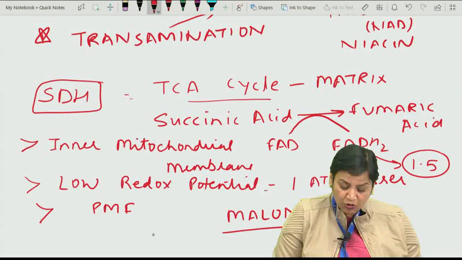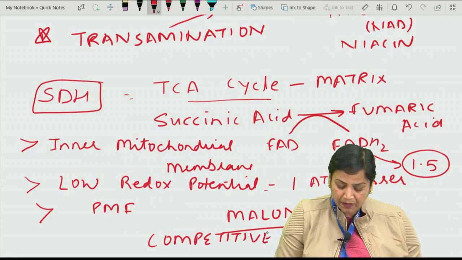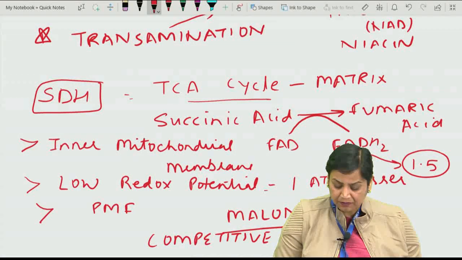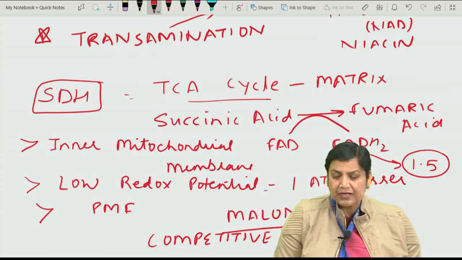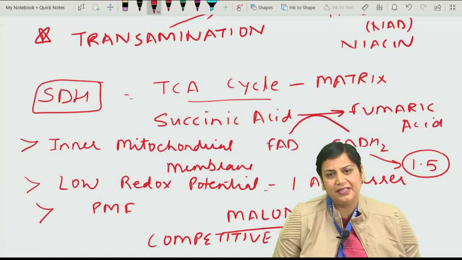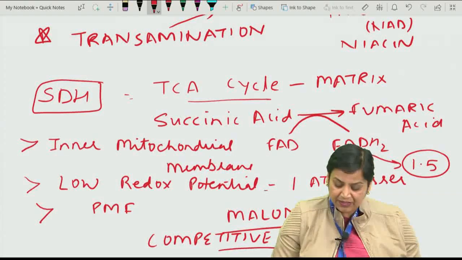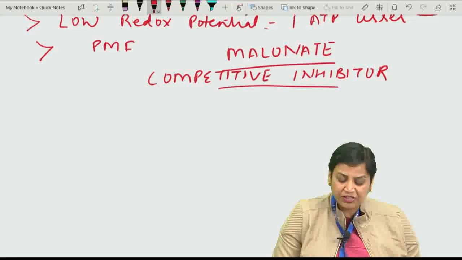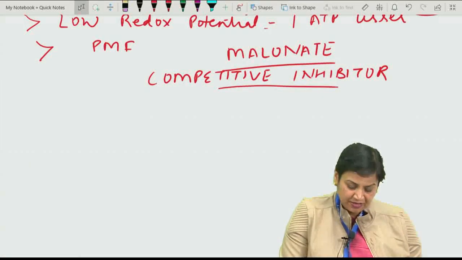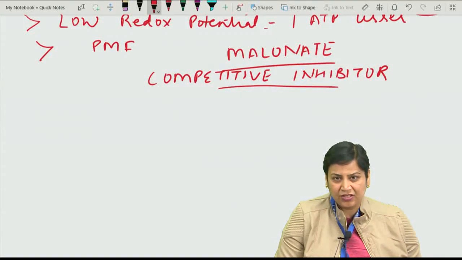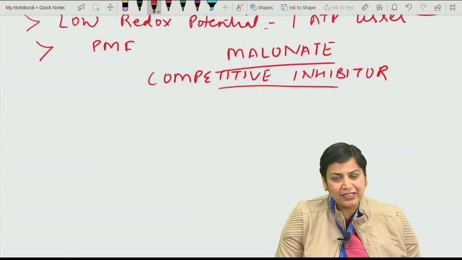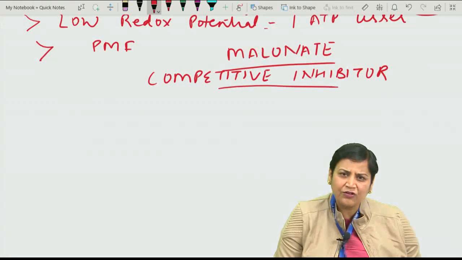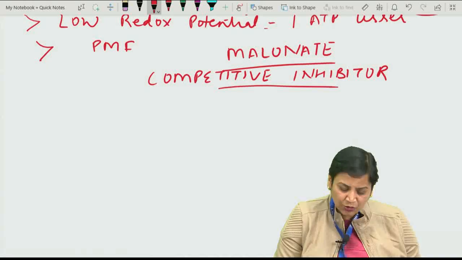Malonate is a competitive inhibitor of succinic acid dehydrogenase, or SDH. Competitive inhibitor means there is a competition. Malonate resembles succinic acid in structure. So what happens is, if malonate binds, automatically there won't be dehydrogenation, or fumaric acid won't be produced.